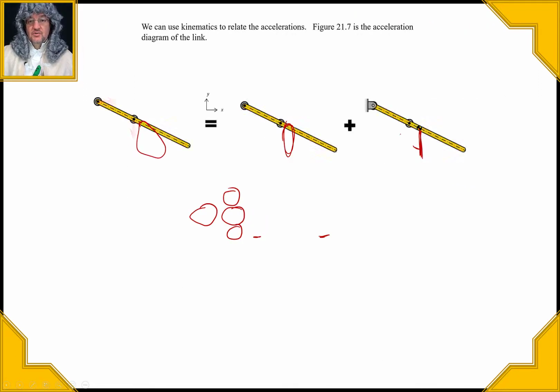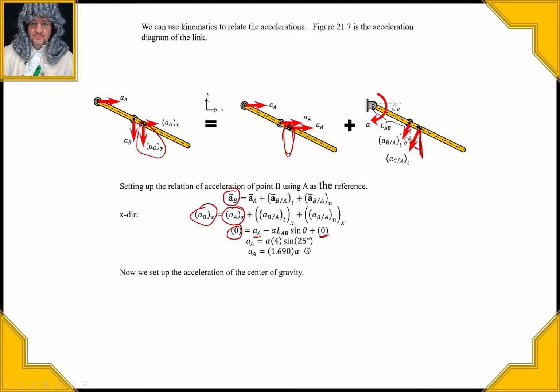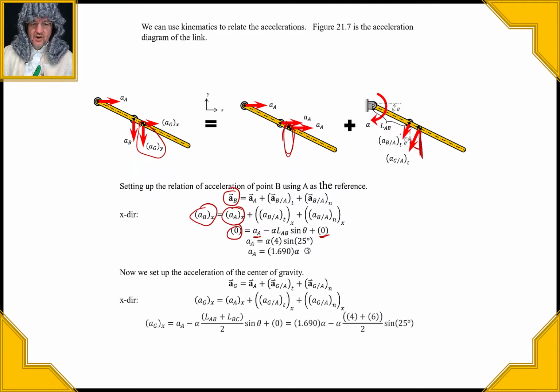So we wanted to get rid of those unknowns by taking other things that we know, which is going to be the kinematics, and set up those acceleration relationships and march through and find another equation for the acceleration at A, and we can then do the stuff at the center of gravity, and we can find a relationship for there.